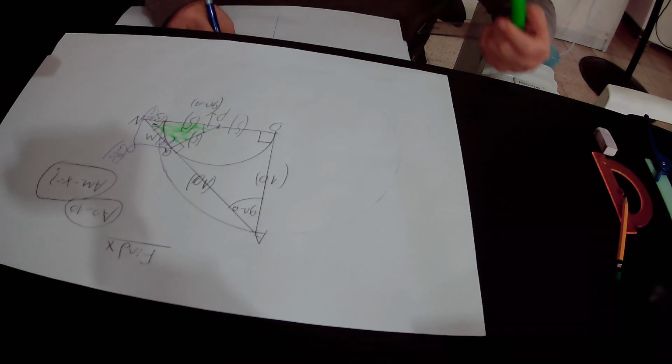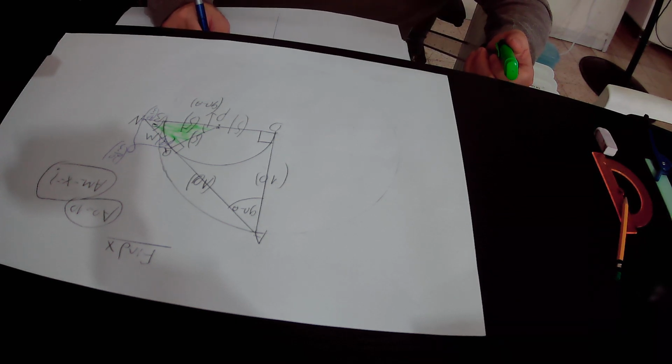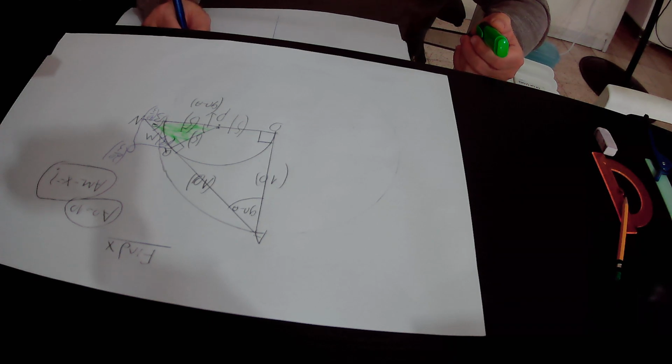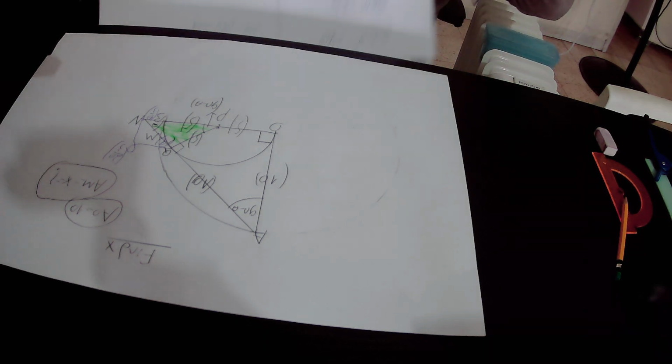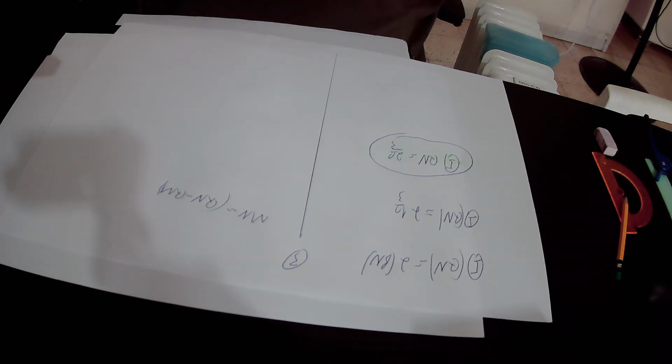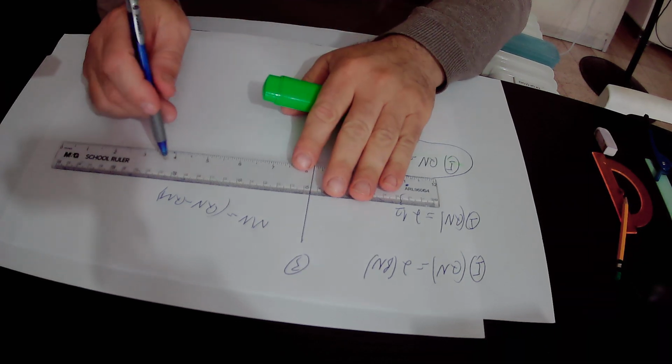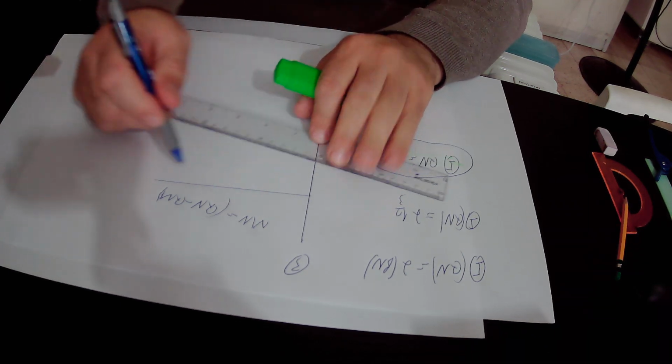From the drawing, it is very easy to see that MN equals QN minus QM.